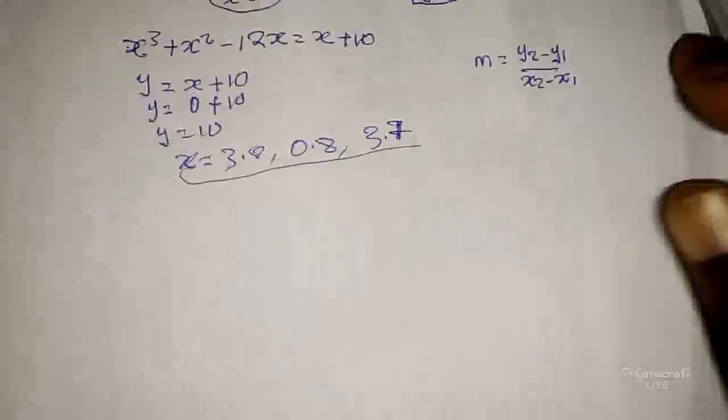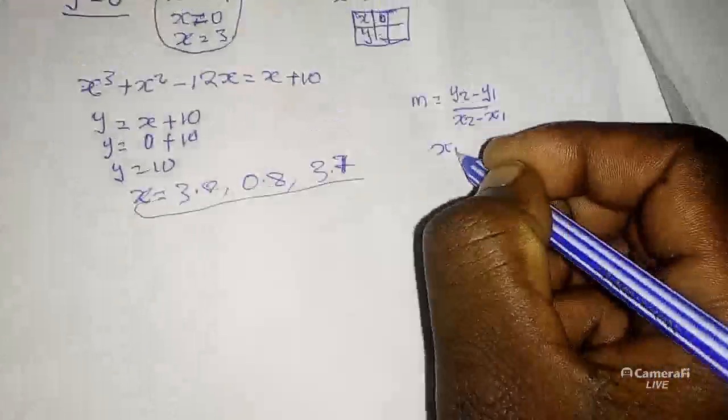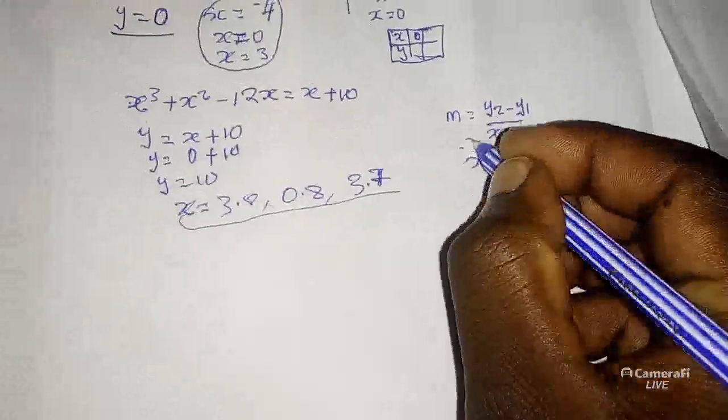We have seen how we can record. Let me say the first coordinate where x1 was negative.